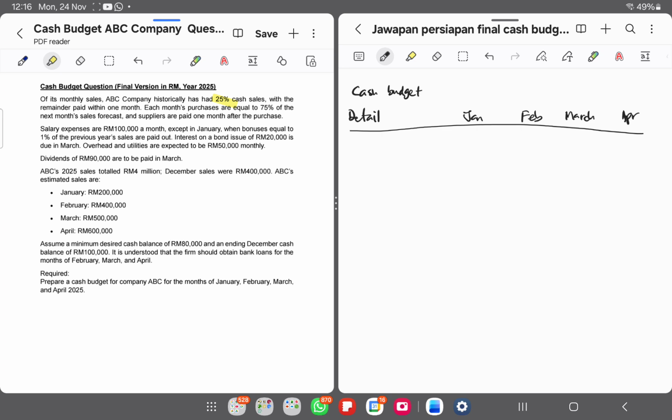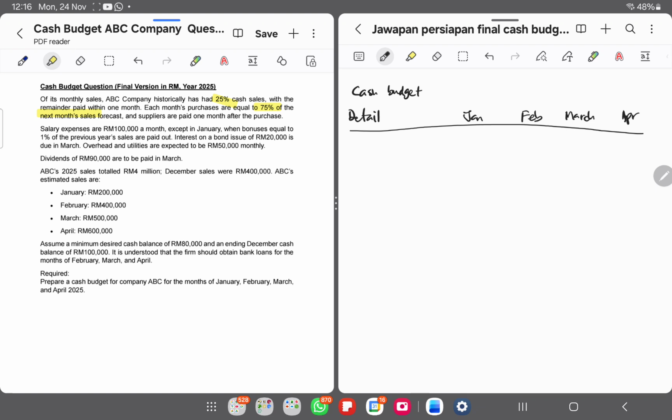So from the sales you get the 25%, and the balance, 75%, will be paid next month. So we give the clients a 1 month period to pay the debts, or you receive the payment from the clients. Each month's purchases are equal to 75% of next month's sales forecast.